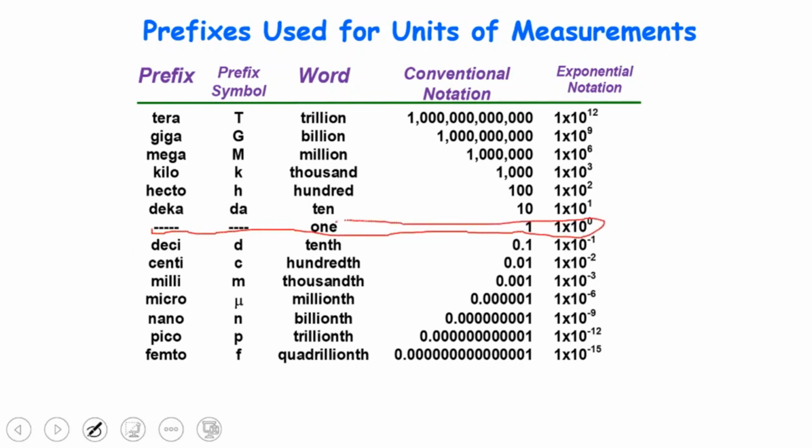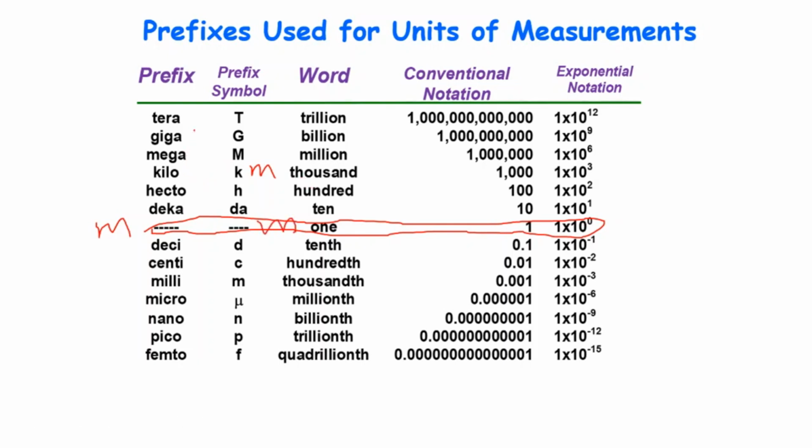Then 1 kilometer: you see k, kilo, then you just add meter after that, so that will be km, kilometers. 1 kilometer equals 1,000 meters. Right here we are talking about the meter as the base unit.